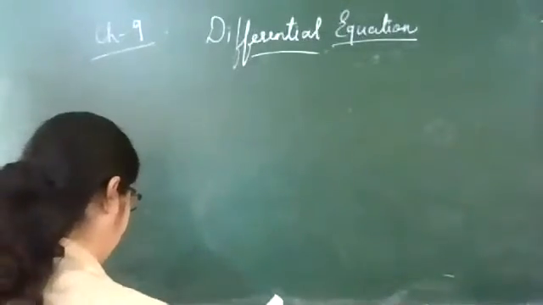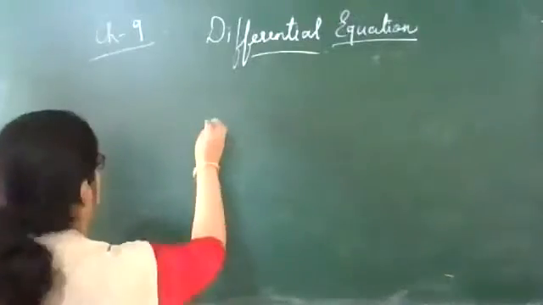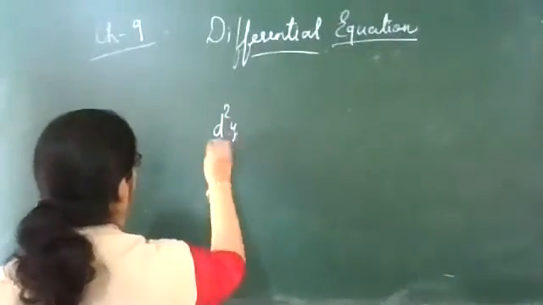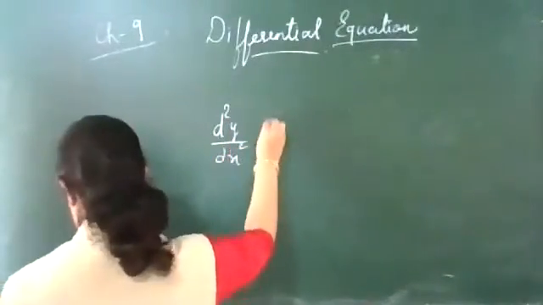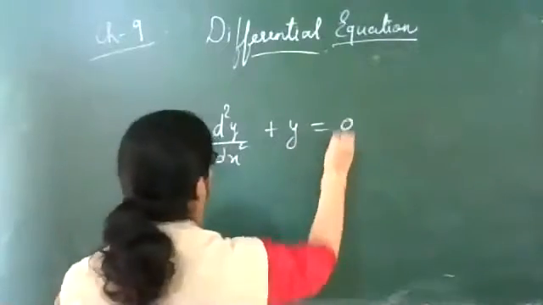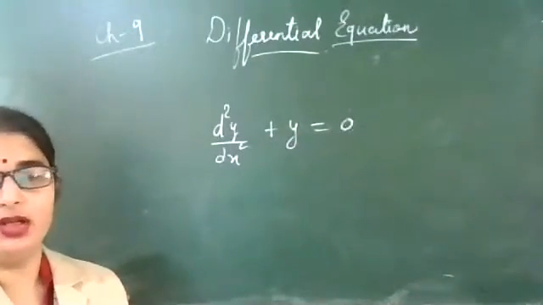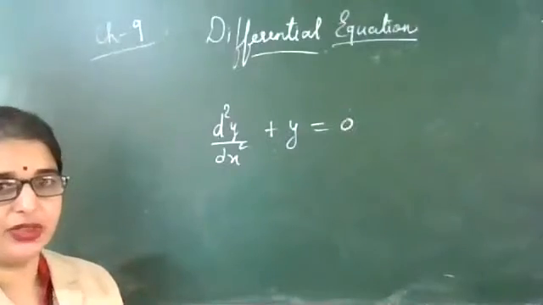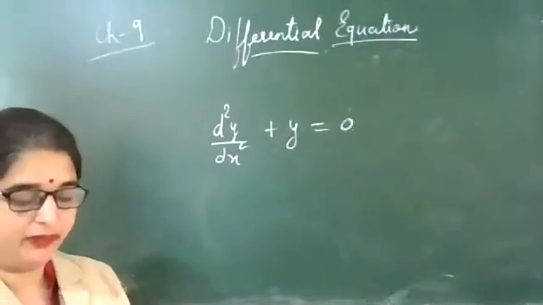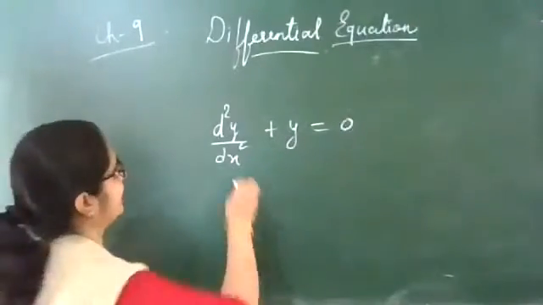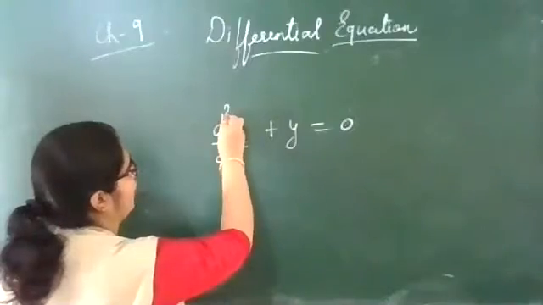For the order of a differential equation, suppose you have d square y by dx square plus y is equal to 0. This is your differential equation. Now just see what will be the order of the differential equation. Order tells you the highest order derivative.